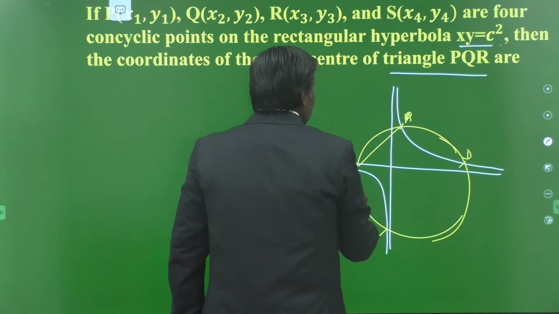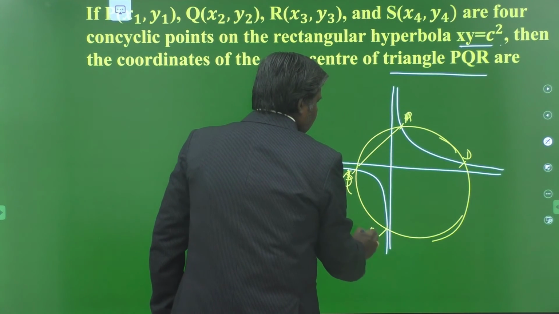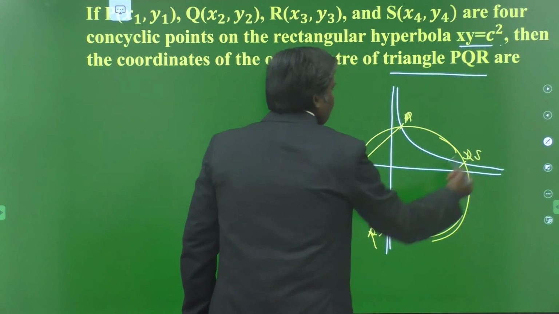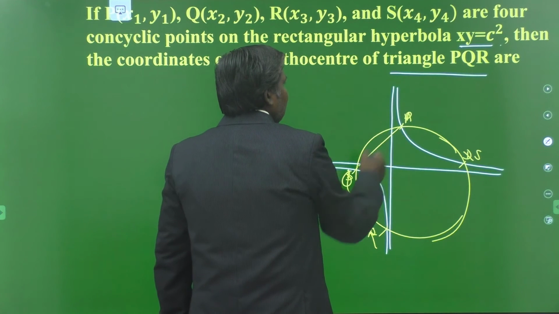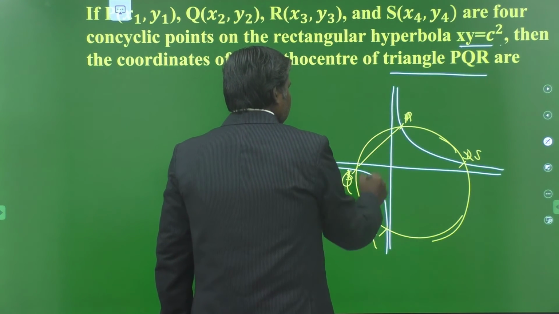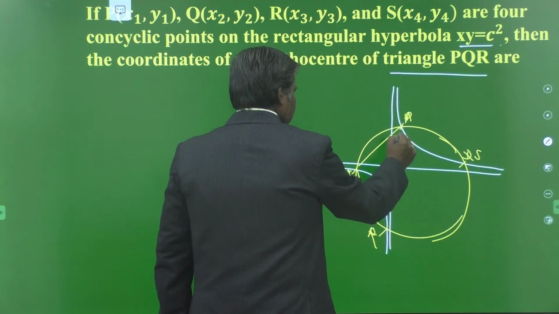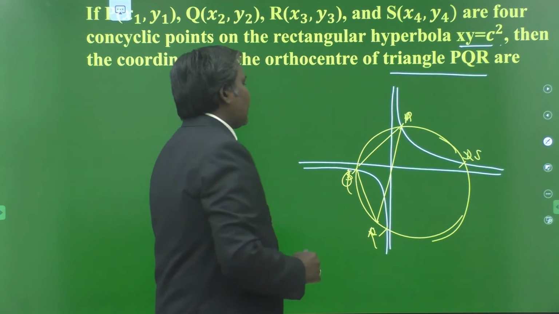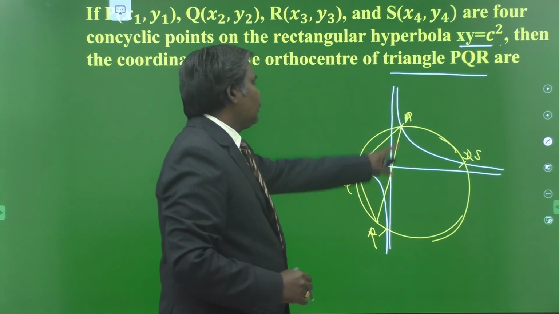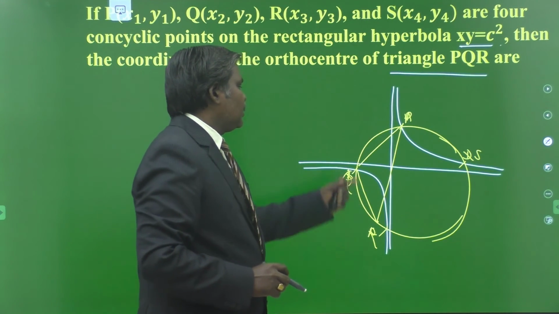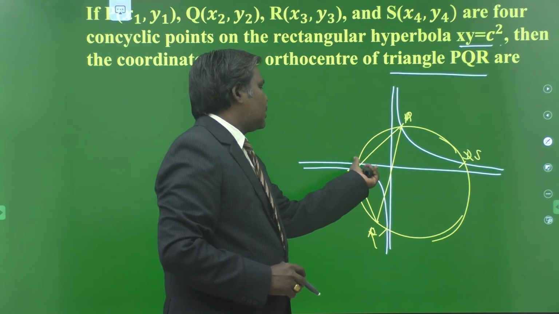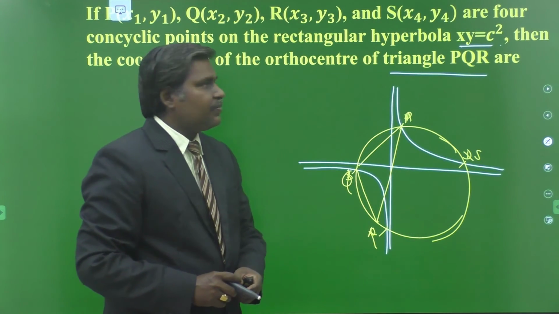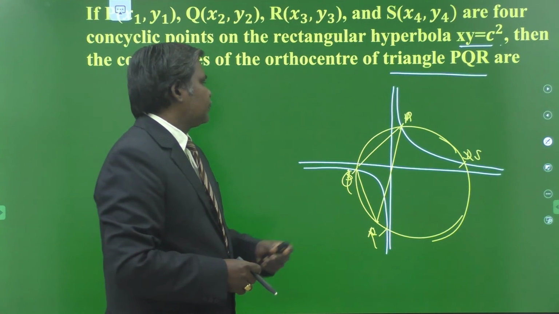Say this is P, this is Q, this is R, and this is the point S. This is the triangle joining the vertices PQR. You have to find the orthocenter of the triangle in terms of the fourth point x4, y4.